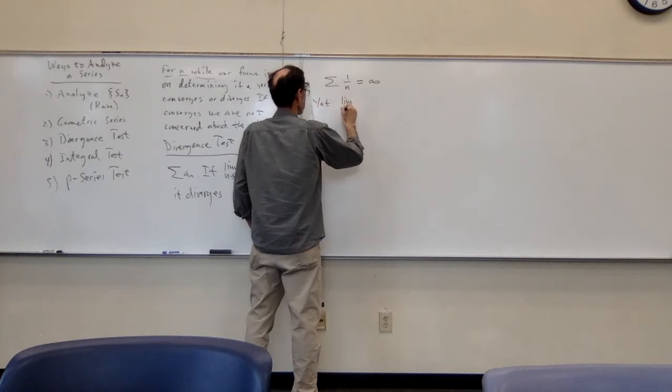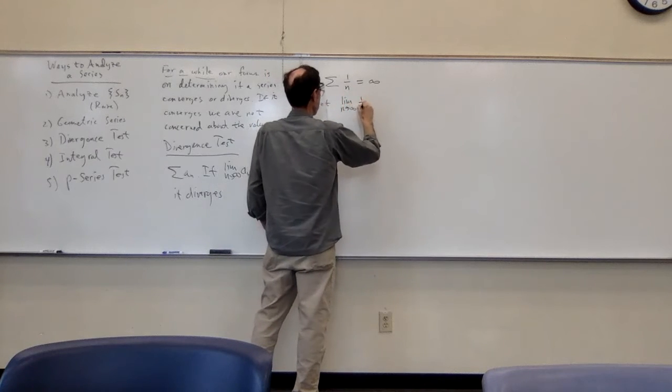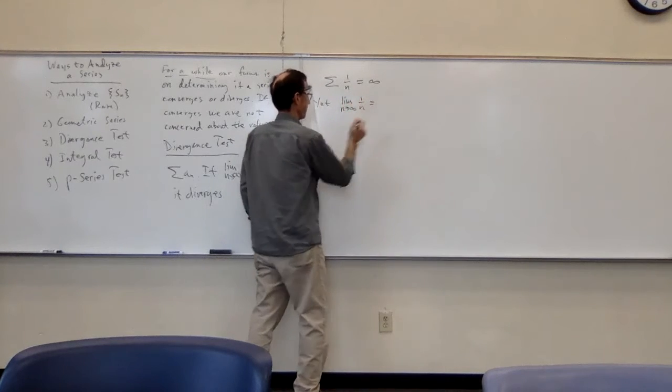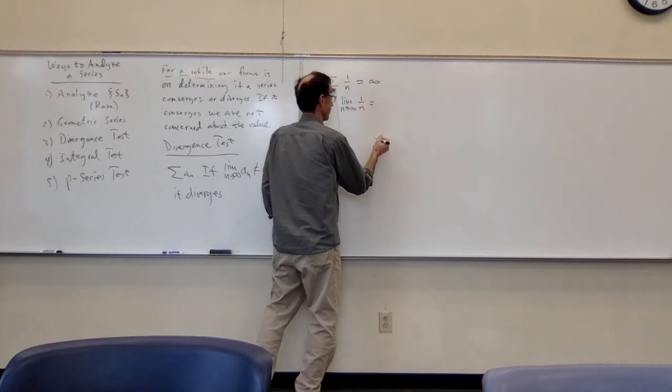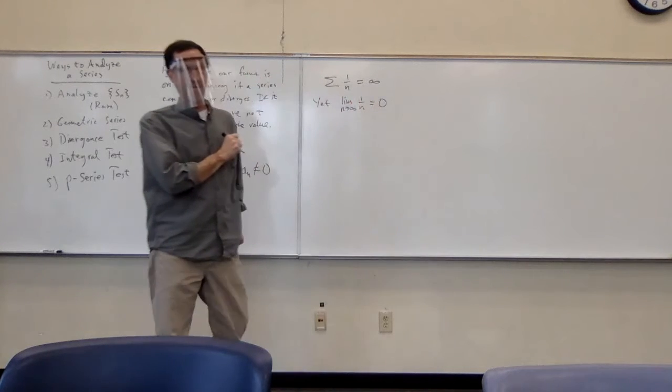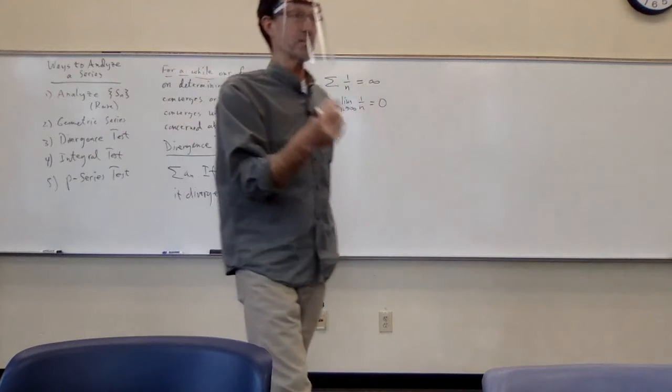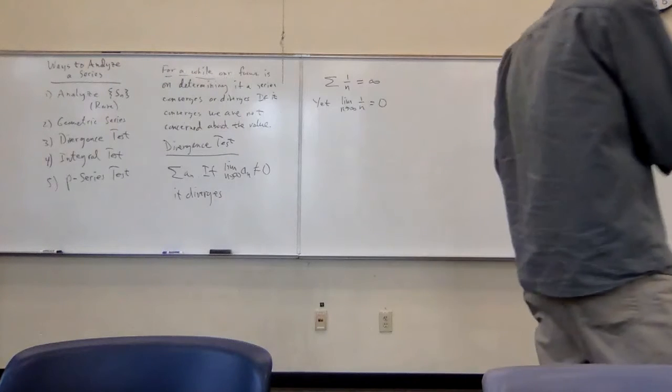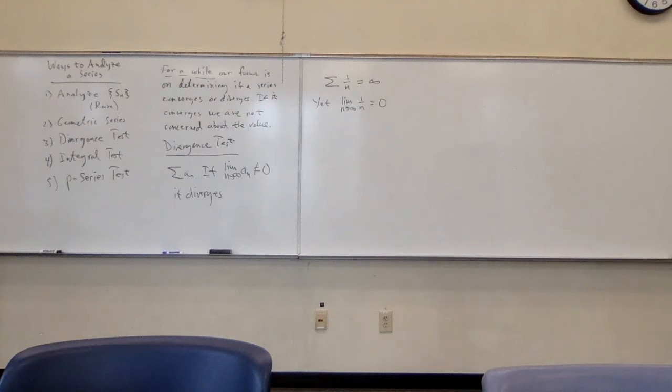The limit as n goes to infinity of 1 over n, what is it? 0. If the terms go to 0, this test will not help us. And we don't know what's going on. We have to invoke another test.